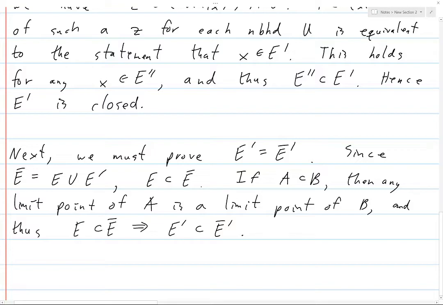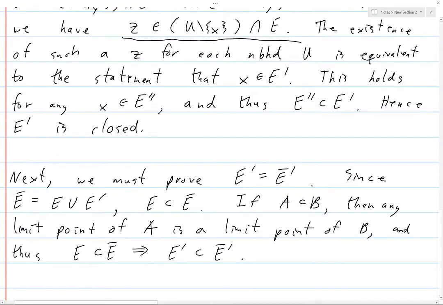So x is a limit point of A if for every neighborhood U of x, there is an element z which is in U set minus x and also in A. But A is contained in B, and so for every neighborhood of x, z is contained in U set minus x intersected with B as well, because A is contained in B, so the intersections are contained in each other.